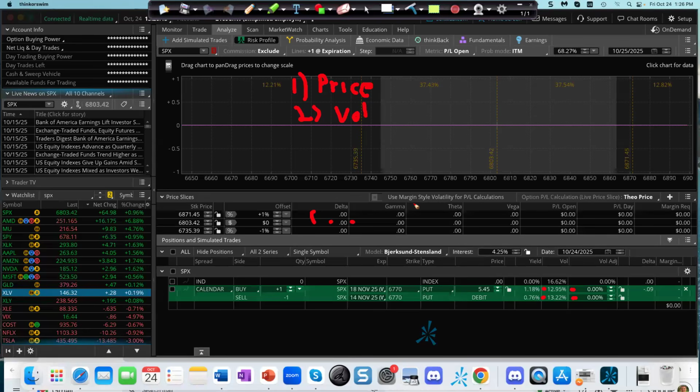Generally I'm putting calendars on in SPX when we're in the teens: 14, 15, 16, 17. Doesn't mean you can't do well if they go up, but they could also come down. So I'm looking for lower volatility in the range. Number three, I would look at skews, but by far, price is number one and volatility is number two.